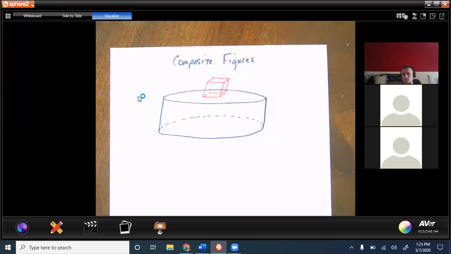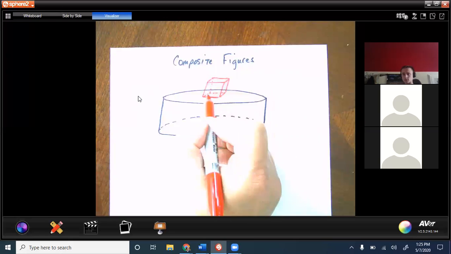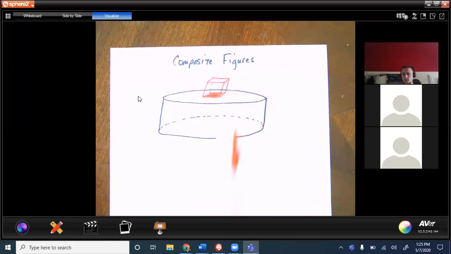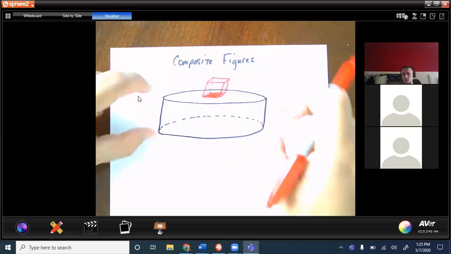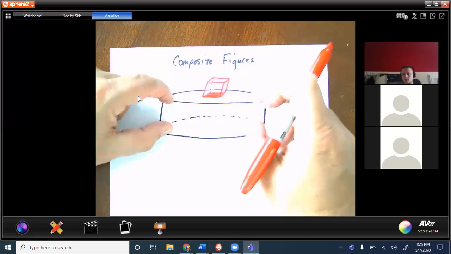So now we've got, if all this were one piece. So now I use different color ink here so you can see that this is where it intersects the top of the cylinder. But you would think of this as one unit. So you've got the cylinder and you've got the prism.